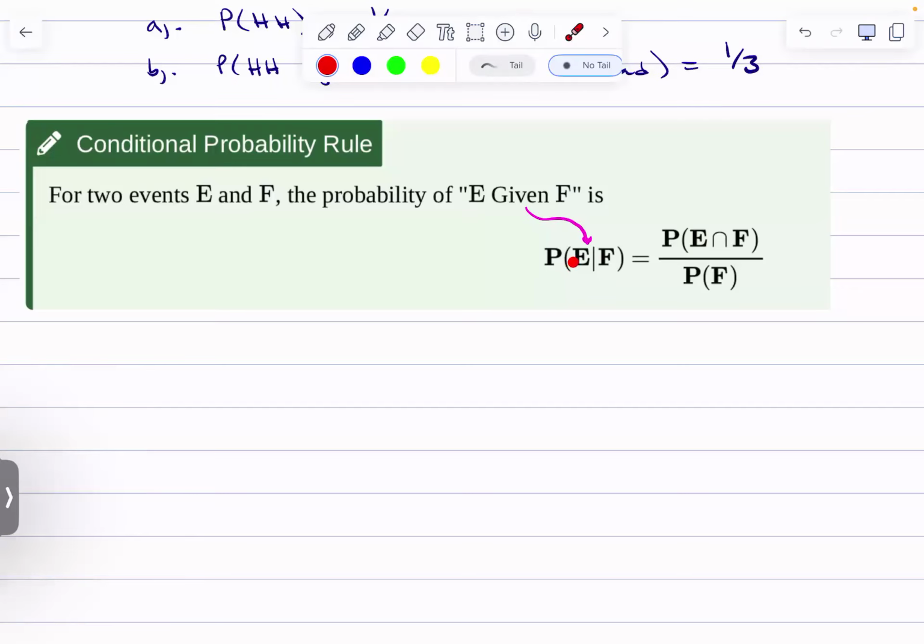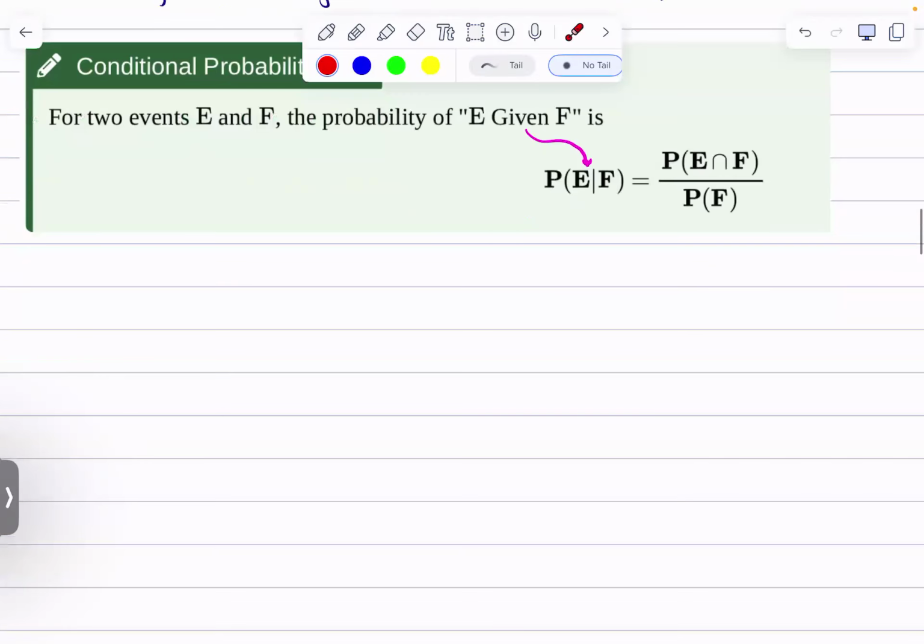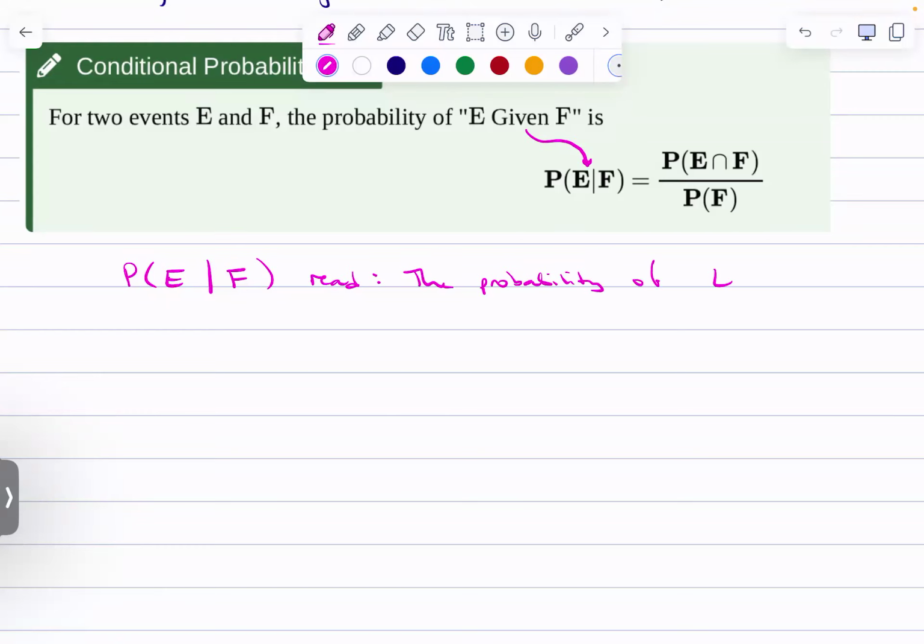So you read this as the probability of E given F. That vertical bar, you read it as given.